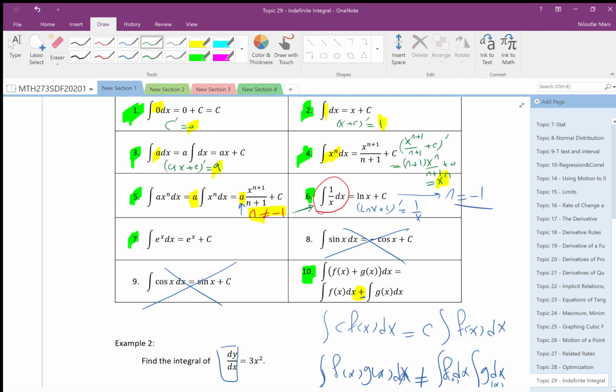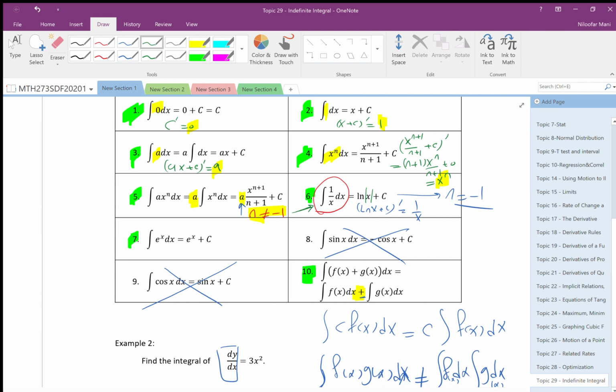So if I want to be mathematically correct, I have to add an absolute value, because although I don't know what x is, I have to consider just positive values. Otherwise, ln is not defined for those values.